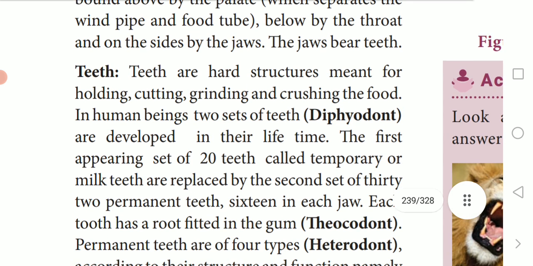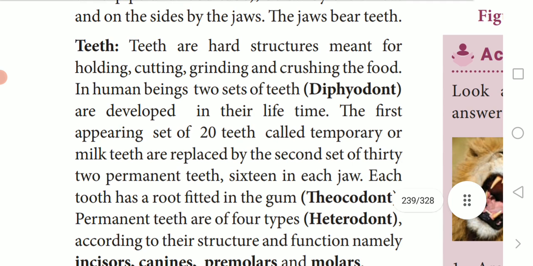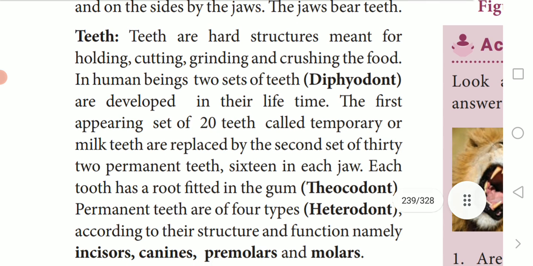Next we'll see the next part of the digestive system: teeth. The teeth are hard structures meant for holding, cutting, grinding, and crushing the food. What are the uses of teeth? Underline: holding, cutting, grinding, crushing the food.